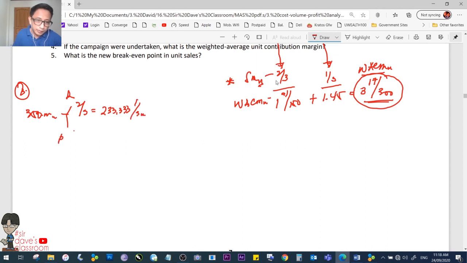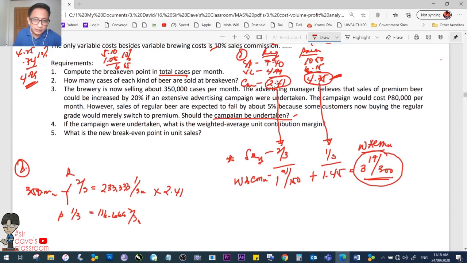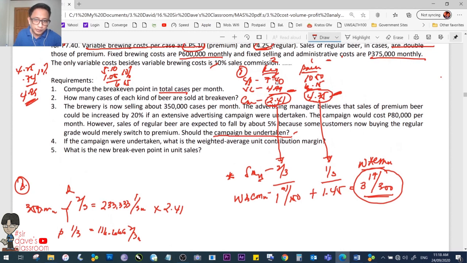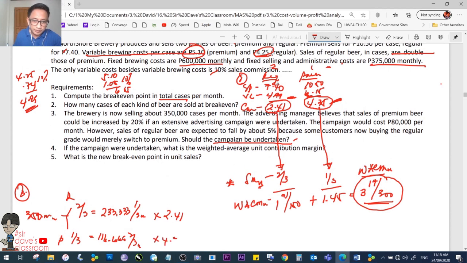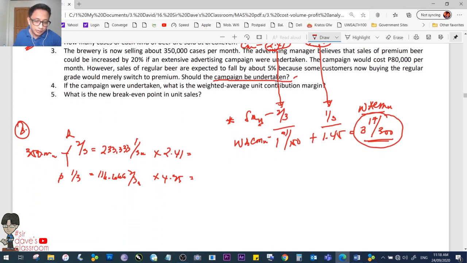And the premium 1/3, that must be 116,666 and 2/3 units to be very exact, times the 2.41 na na-compute natin kanina, yung contribution margin per unit ng regular, and 4.35 para rito kay premium. Ilan yan? Could you please multiply? Could you please check?